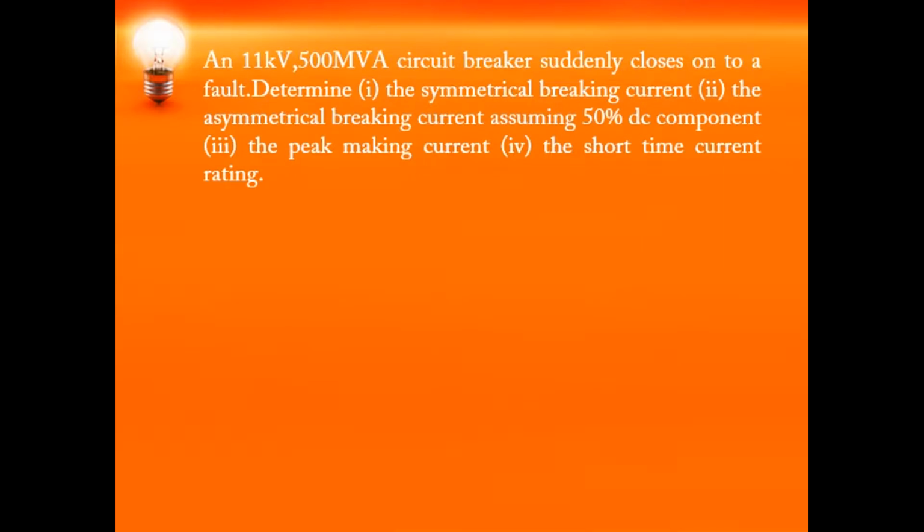The next is an 11 kV, 500 MVA circuit breaker that suddenly closes onto a fault. We have to determine the symmetrical breaking current, the asymmetrical breaking current assuming 50% DC component, the peak value of the making current and the short time current rating.